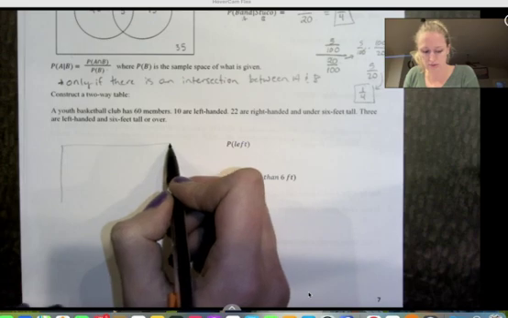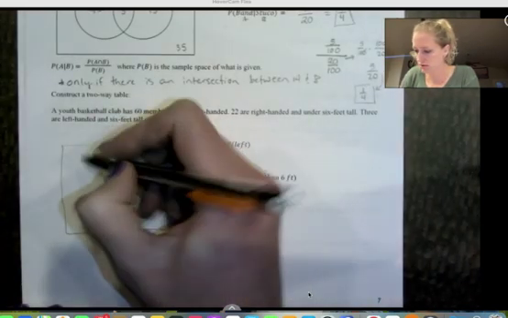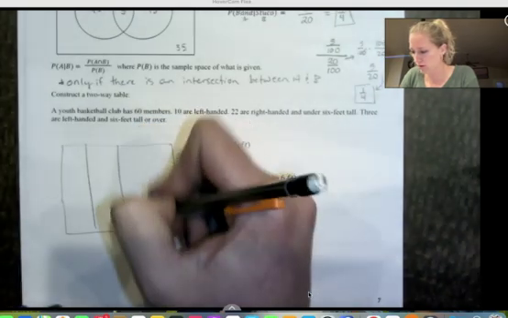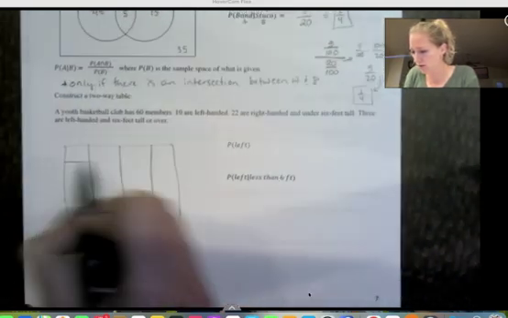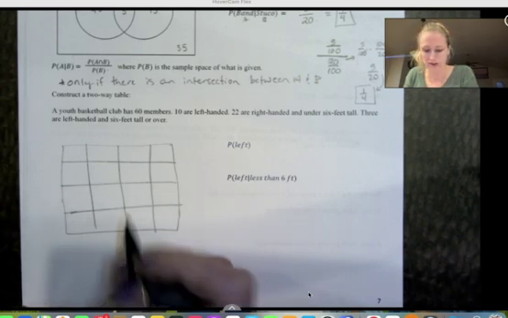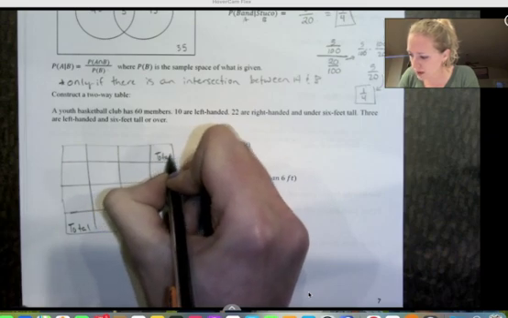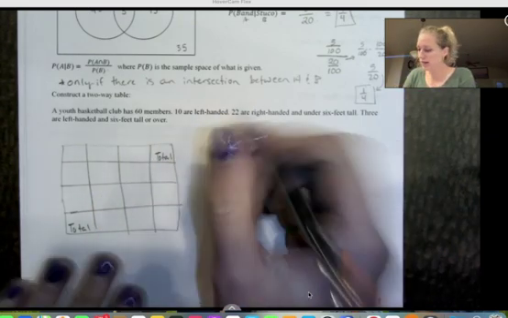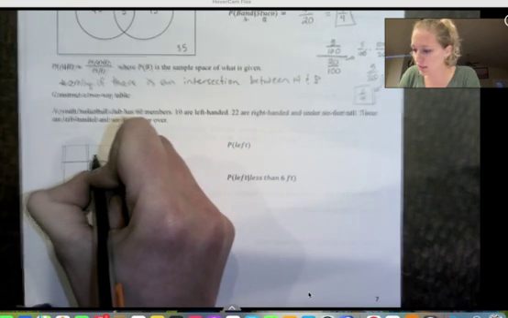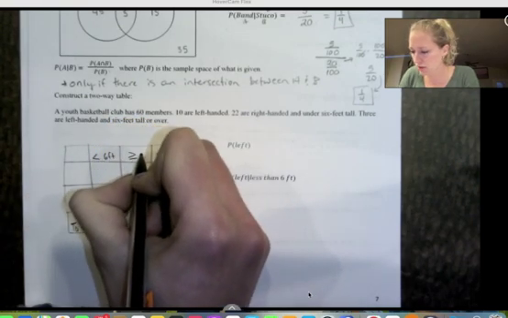So I need 4 boxes. Over here we have totals. Let's do smaller than 6 feet, so less than 6 feet. This one is greater than or equal to 6 feet.